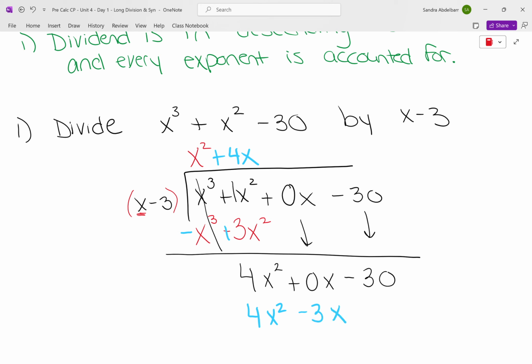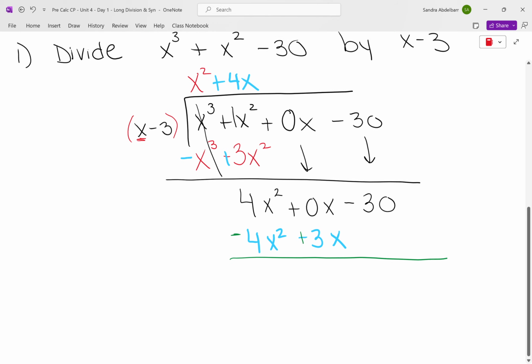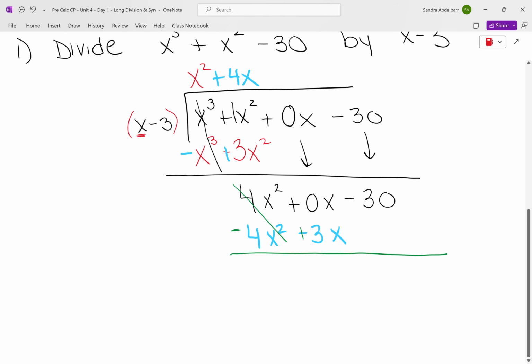But because we're subtracting, what do I have to do with all the signs? Change them. So we have a negative 4x squared and then a positive 3x. The 4x squared and negative 4x squared cancel. 0x plus 3x is a 3x, and then I bring down the minus 30.